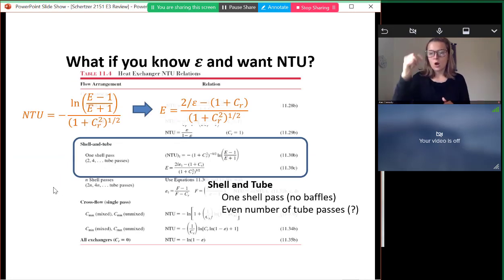Yeah. So if on the exam you need the expressions for effectiveness as a function of NTU and CR, these would be provided. Basically, big complicated equations like this that are not on the sheet, we'll give you.